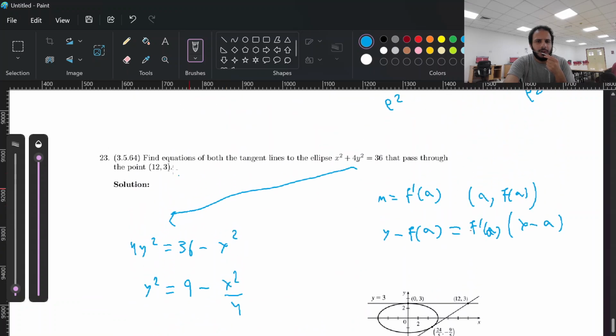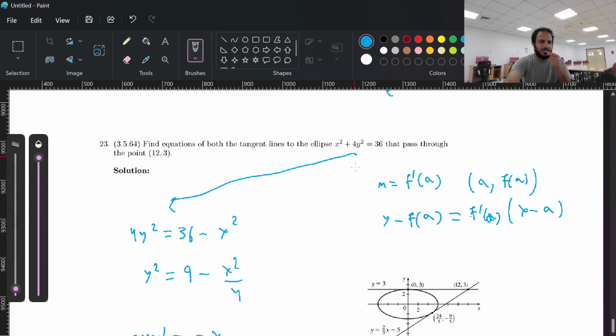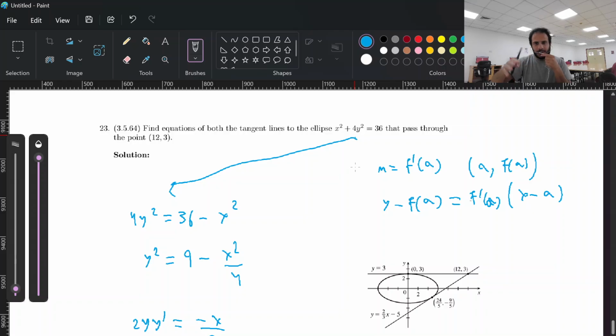No, let's see again. We want to find equations of both the tangent lines to the ellipse. Ah, we misunderstood the question. Do you see? No, we solved the question in the wrong way, because here it tells you we want to find two tangents of this curve that intersect at this point.